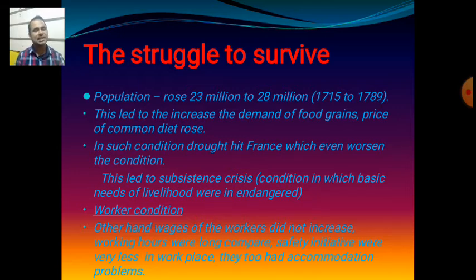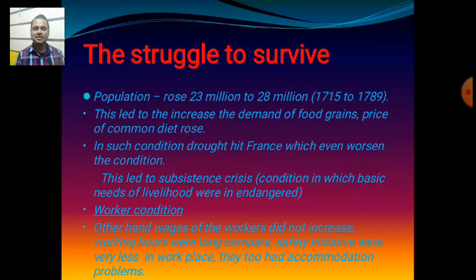Now what is the meaning of subsistence crisis? As you may be reading here, it is a condition in which the basic needs of livelihood are endangered. People fail to fulfill the basic needs. And basically, what are the basic needs in the context of that time? It's surely food, cloth, and shelter.